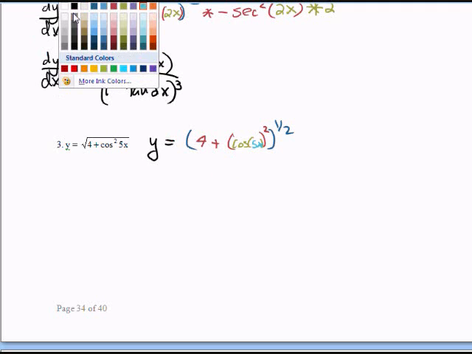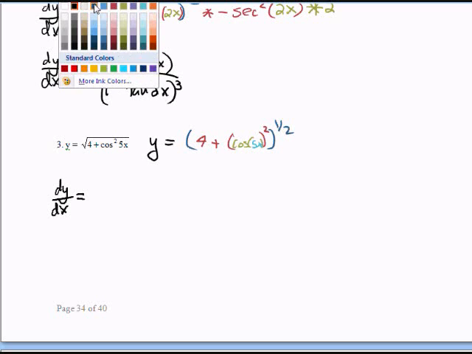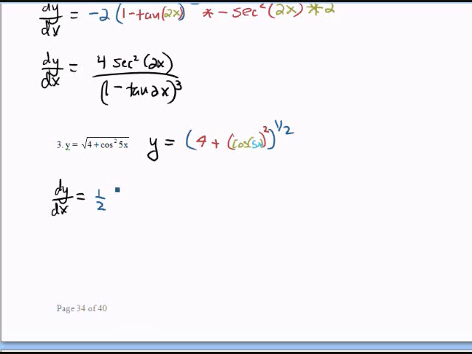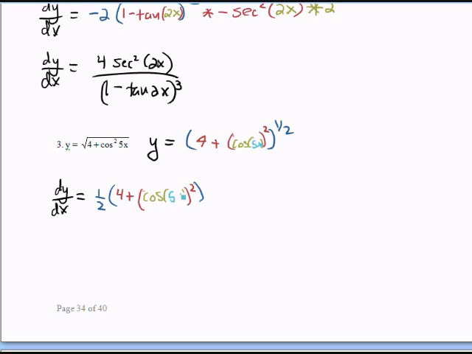So we start off our derivative, dy dx. Derivative of the outside, put the 1/2 up front. Rewrite the inside. And then that inside. And then that inside. Times the derivative of the next layer, which is 4 in the squaring.